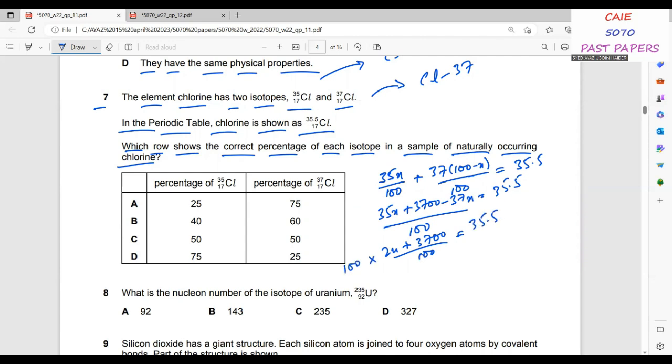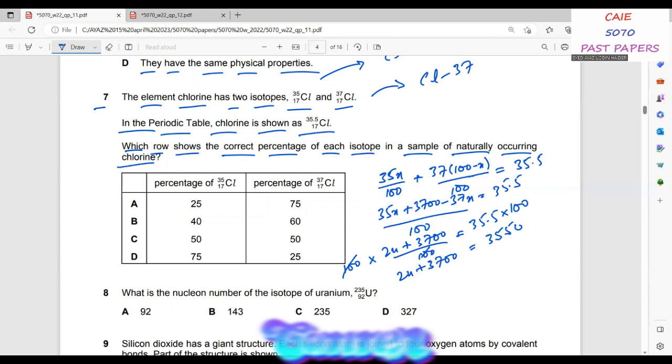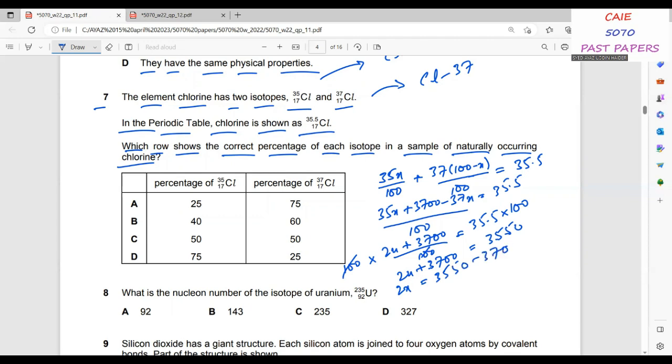Multiply 100 on both sides. We get 3700 minus 2X is equal to 3550. Now subtract 3700 on both sides. We get minus 2X is equal to 3550 minus 3700, which is minus 150.